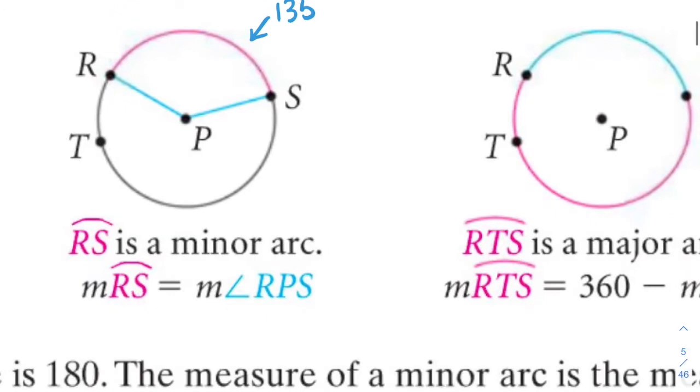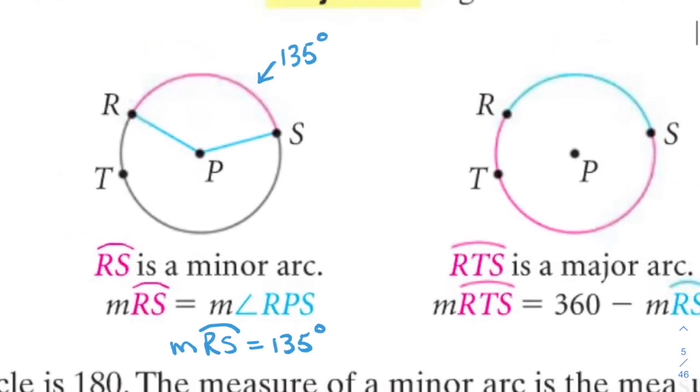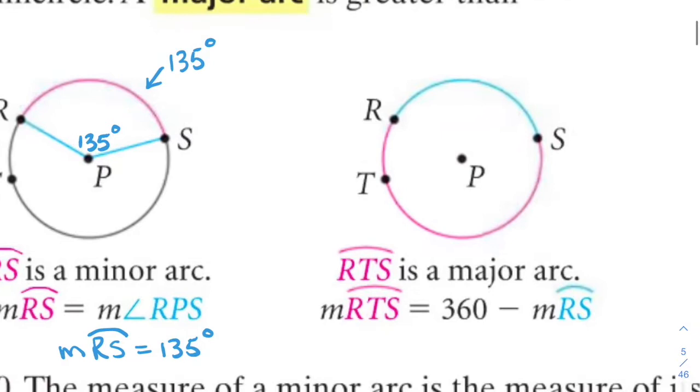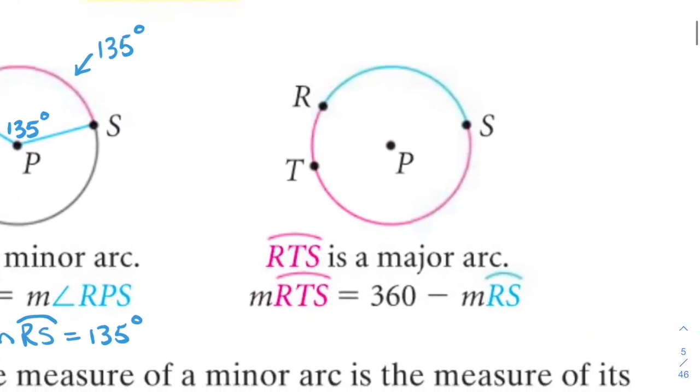So we would just say the measure of arc RS is 135 degrees. So not only is the measure of the arc 135 degrees, but the measure of the central angle would also be 135 degrees.